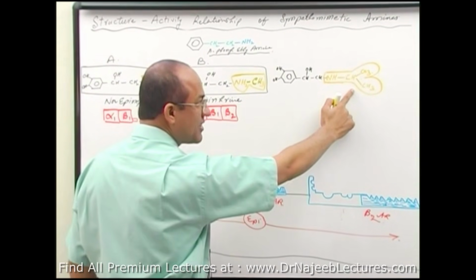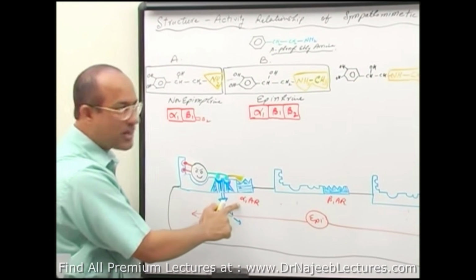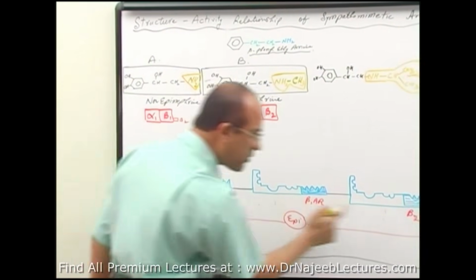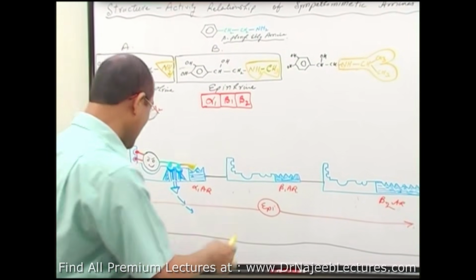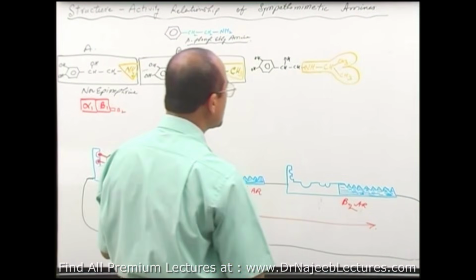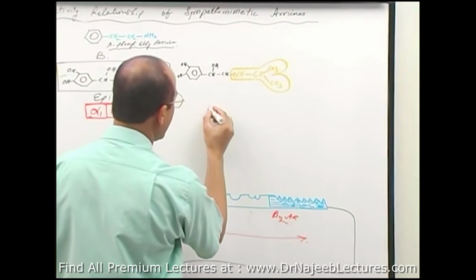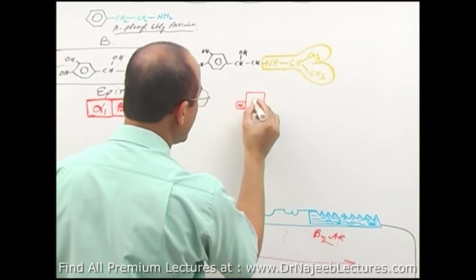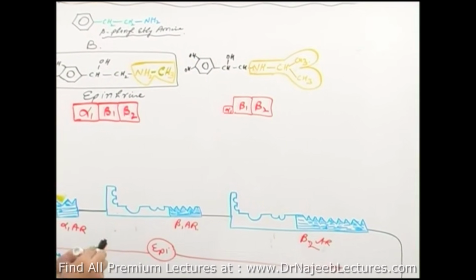Because it has become heavier, it is so heavy it cannot fit into alpha 1 well, but it will fit very well into beta 1 and beta 2 receptors. So naturally, intuitively, you can tell me that this drug will have very little alpha 1 action but heavy beta 1 action and heavy beta 2 action.